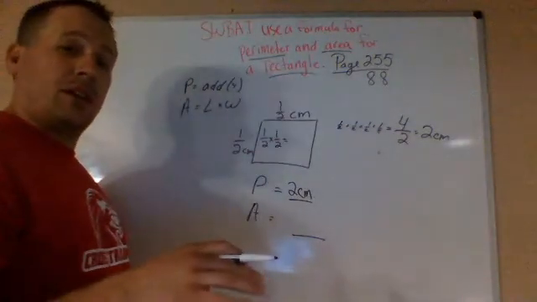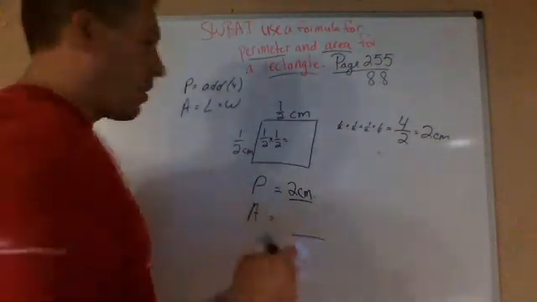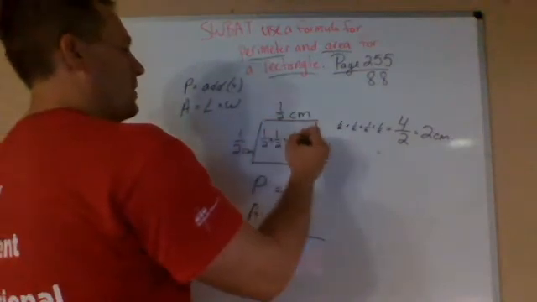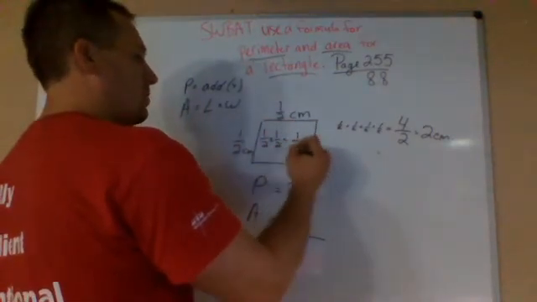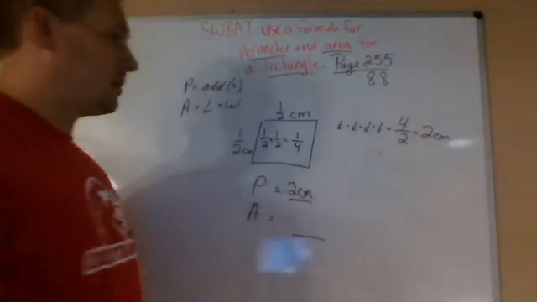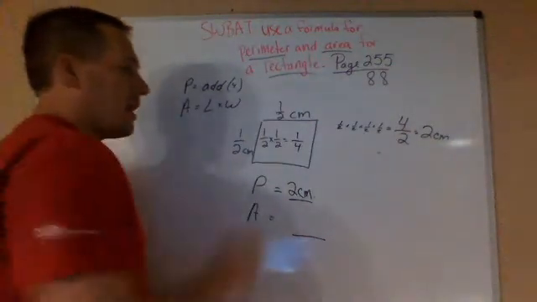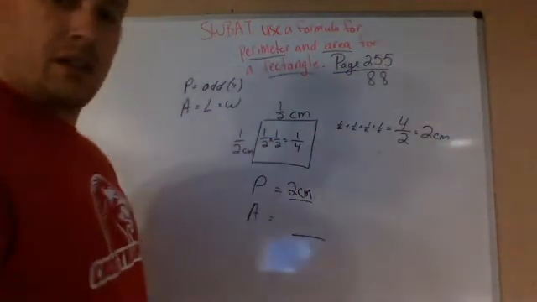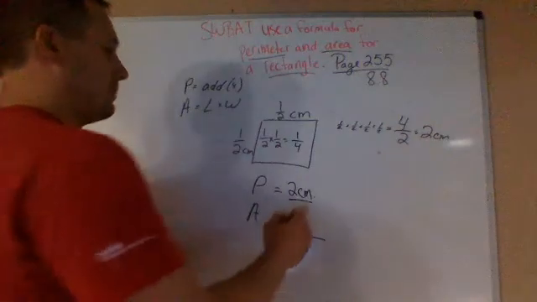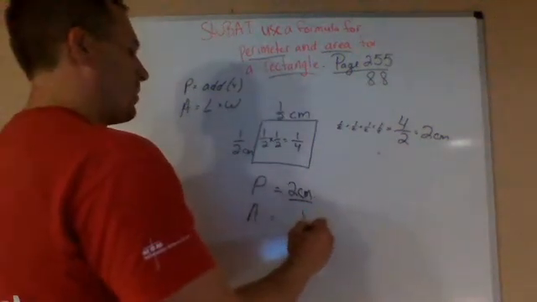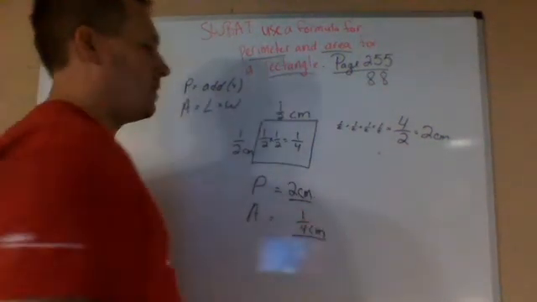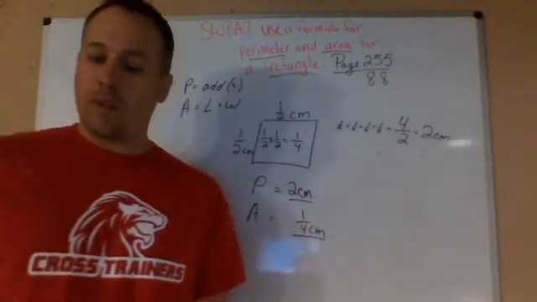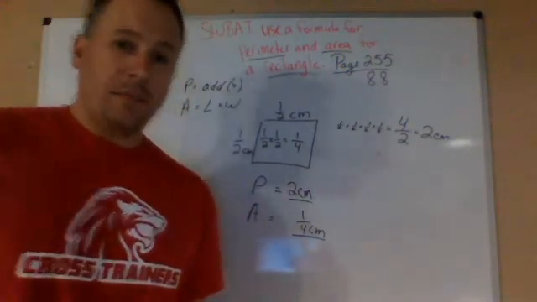This is great because multiplying fractions, you just go straight across. So 1 times 1 is 1, and 2 times 2 is 4. Okay, so our area is actually 1/4 centimeter. So that's our area. Our area is 1/4 centimeter. Okay, so that's what we're doing there.